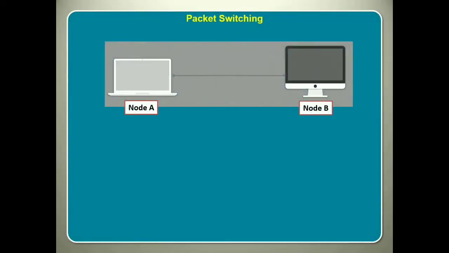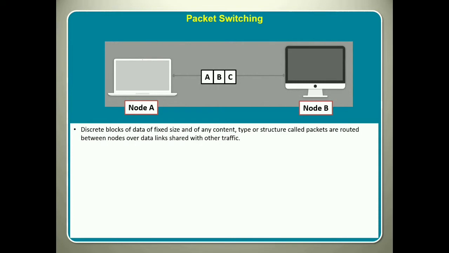The second type of switching technique is packet switching. In this type of switching technique, discrete blocks of data of fixed size and of any content, type, or structure called packets are routed between nodes over data links shared with other traffic.